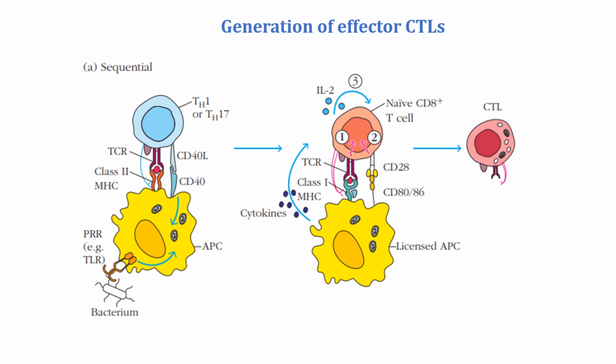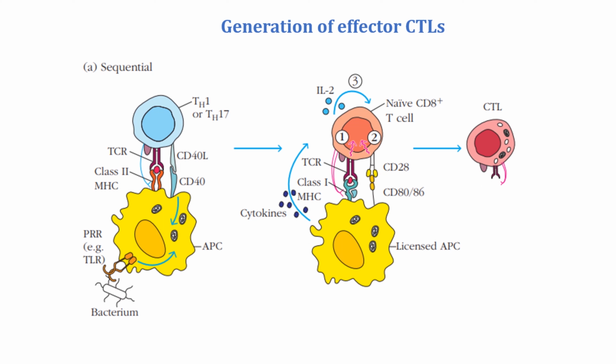Now, licensing of the dendritic cell occurs either through engagement with the activated CD40L helper T cell, TH1, TH17, or through engagement with the pathogen. Here is also the pathogen toll-like receptor. So CD4 is required for proliferation and memory generation. The CD40 T cell help can be given prior to CTL engagement of the dendritic cells.